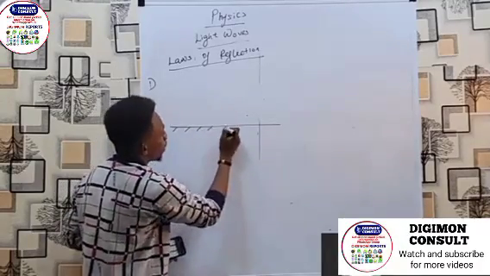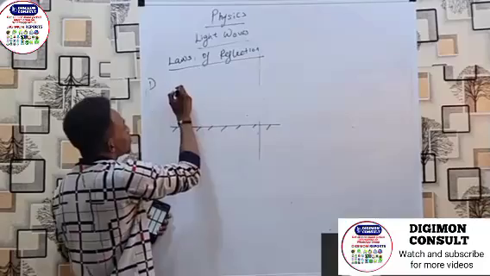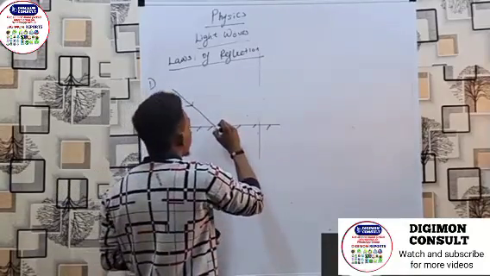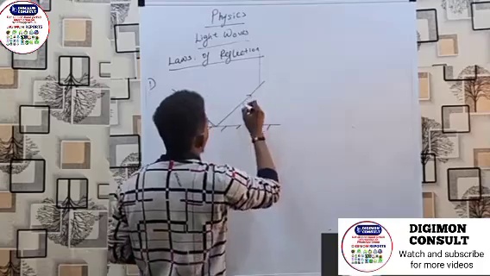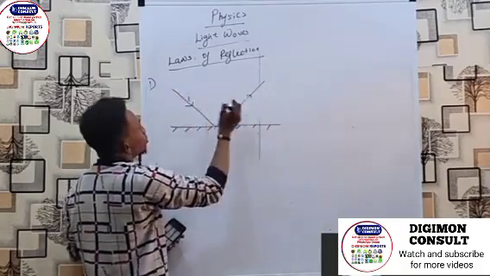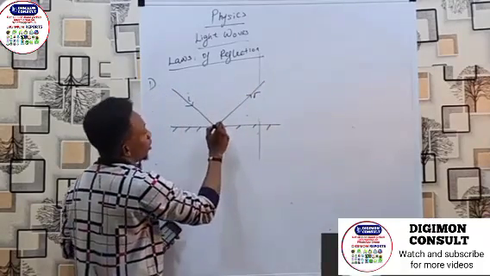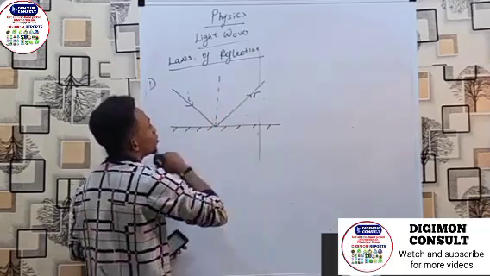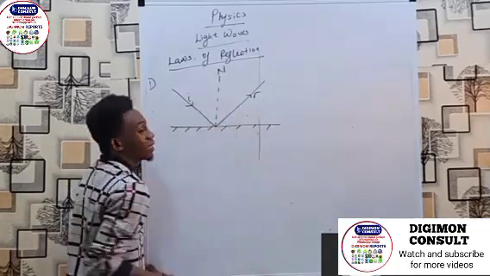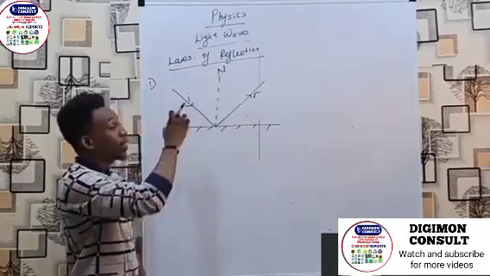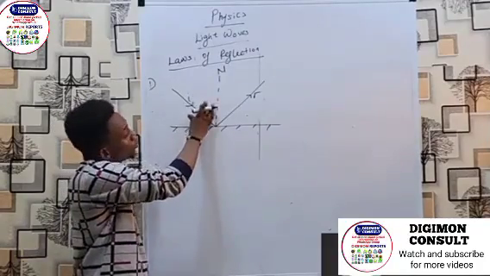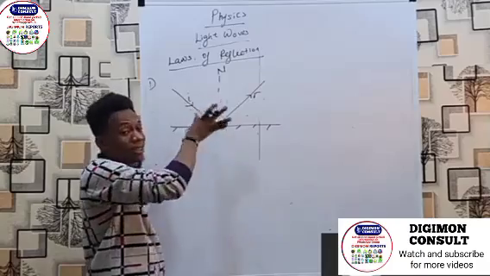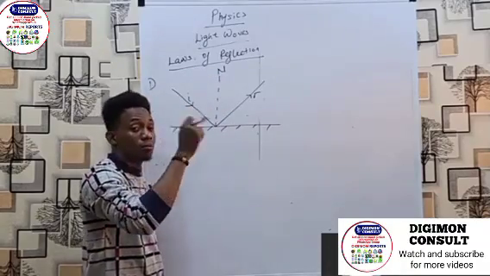That means if this was my mirror and I have light incident upon this mirror, the light is obviously going to get reflected. This is the incident ray, the reflected ray. And then a line drawn from your mirror at 90 degrees is referred to as the normal. What this law tells us is that this incident ray, the reflected ray, and this normal all exist on the same plane.